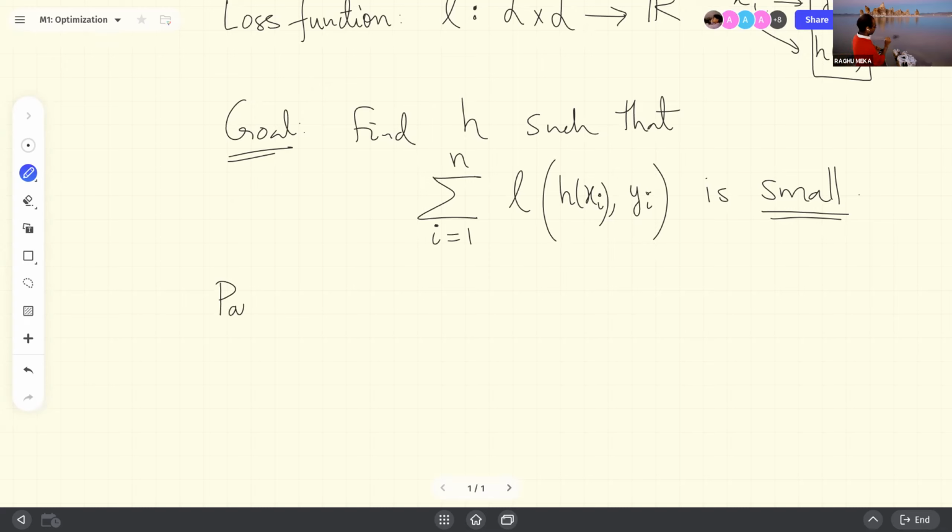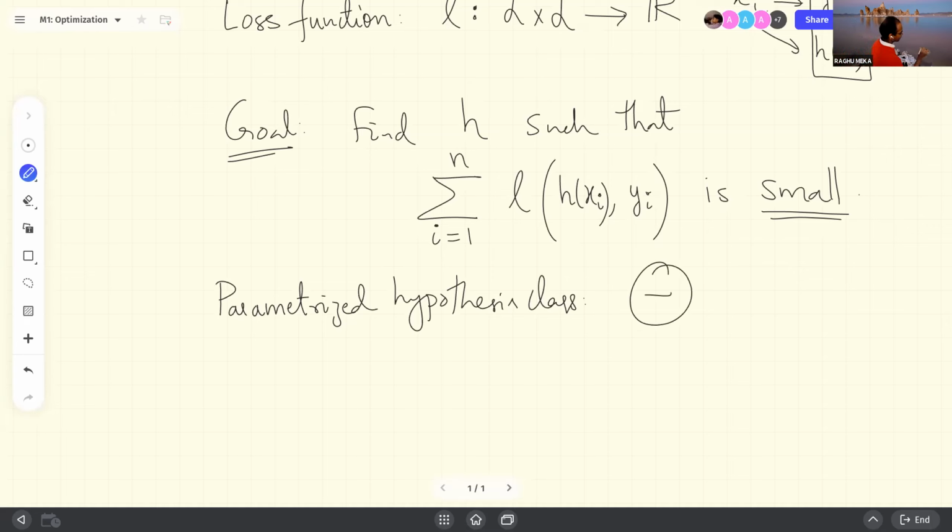So here we have a parameterized hypothesis class. Meaning, there is some parameter space theta, and for every element from this parameter space, we get a predictor, h theta.